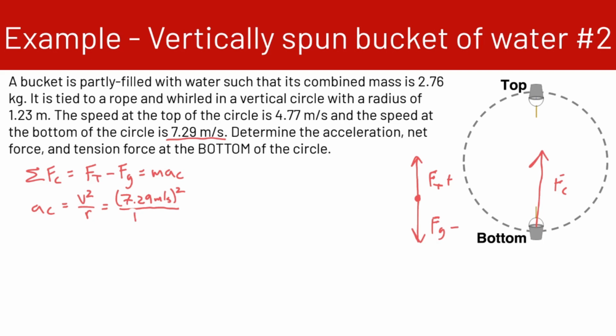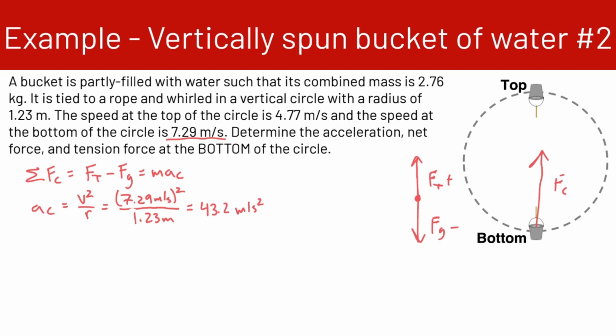So our radius is 1.23 meters. So that gives us a centripetal acceleration of 43.2 meters per second squared.